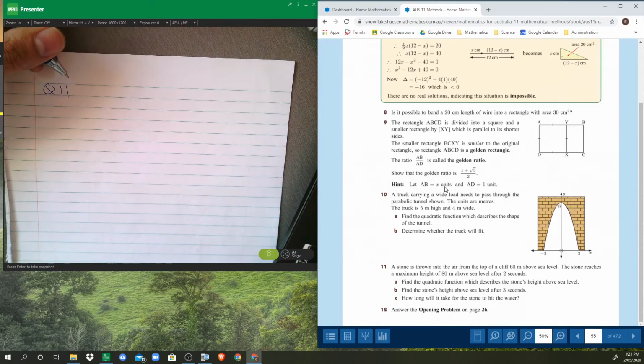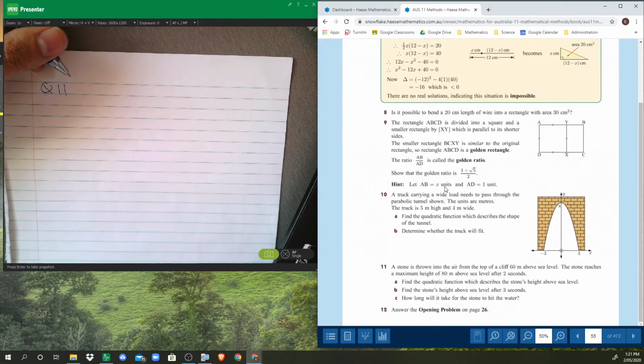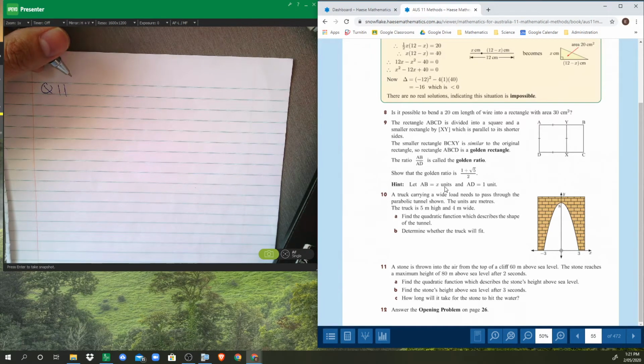The stone reaches a maximum height of 80 meters above sea level.